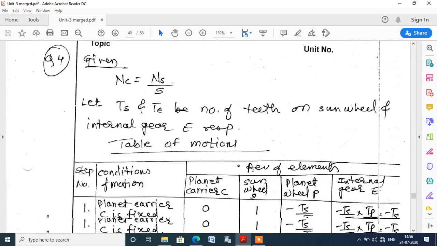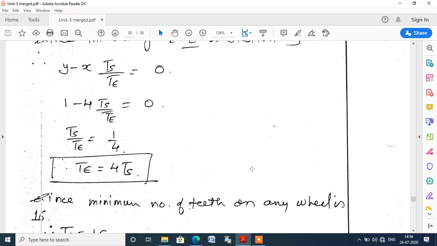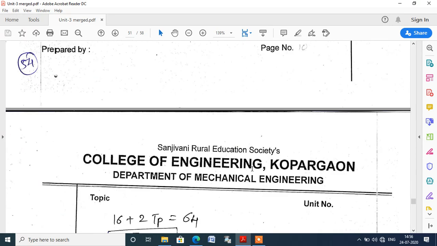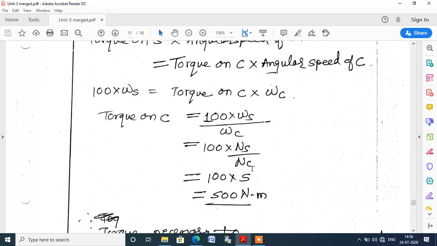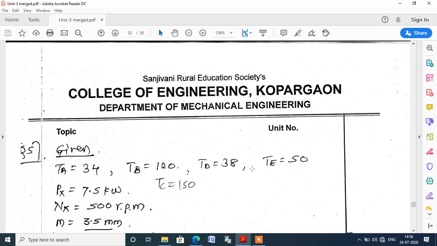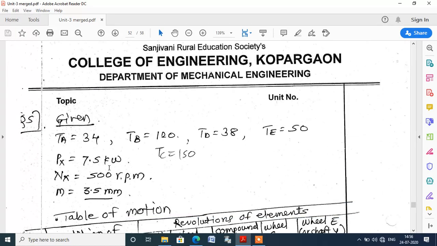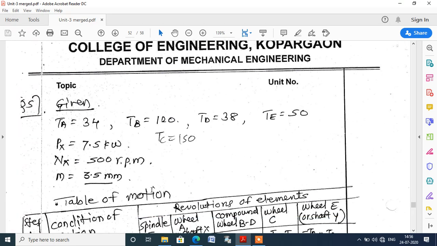Then write down the input power and RPM: input power given to shaft X is 7.5 kilowatt, RPM of X is 500, and module is 3.5.